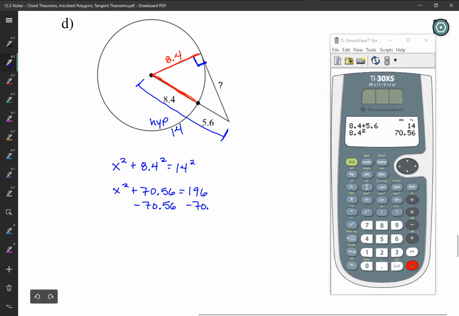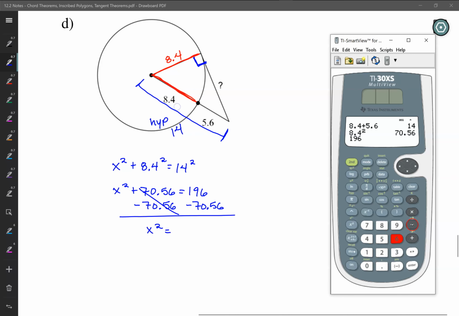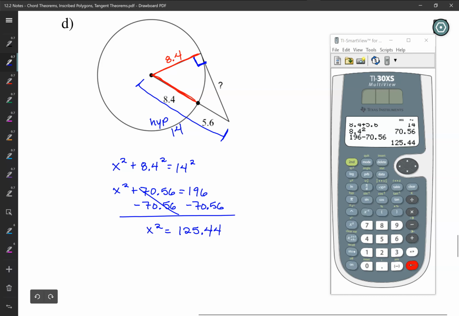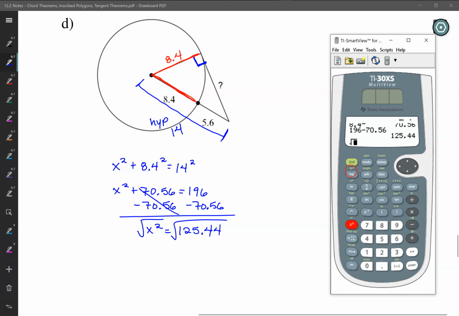Subtract to get x squared by itself: 196 minus 70.56 is 125.44. Take the square root, and that gives you x is 11.2.